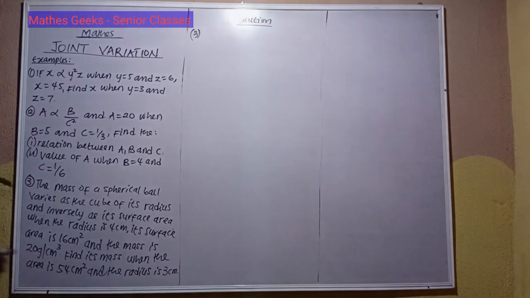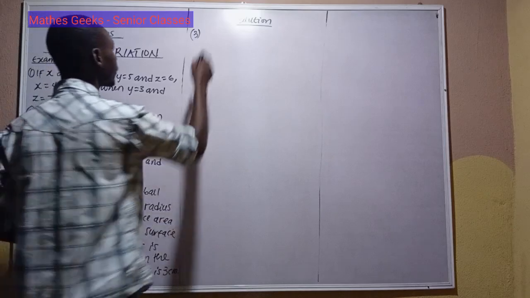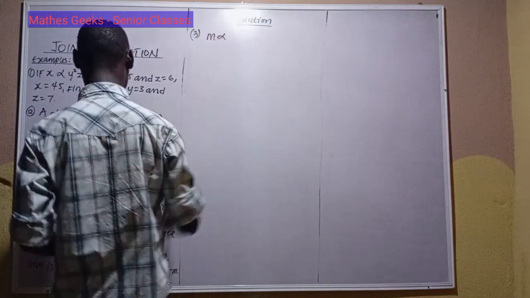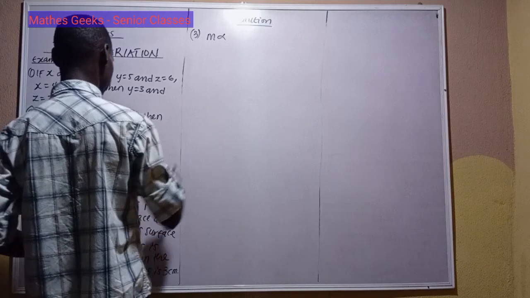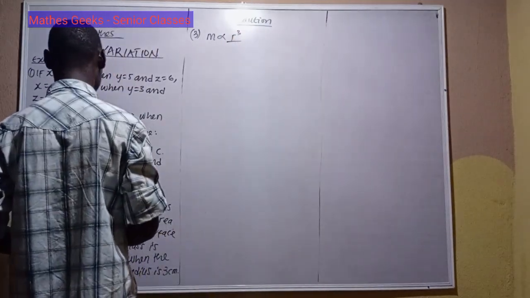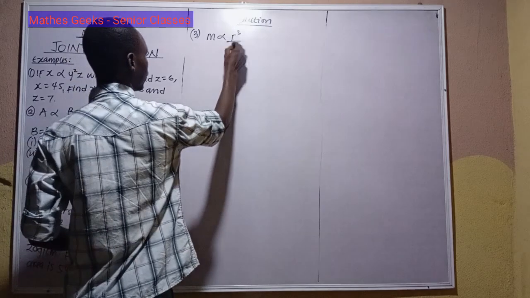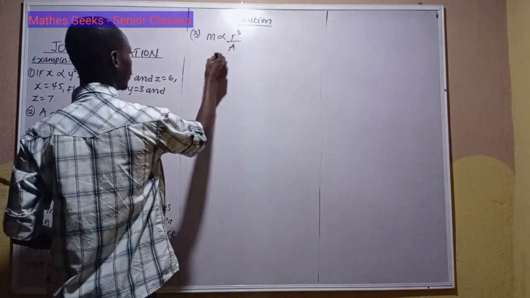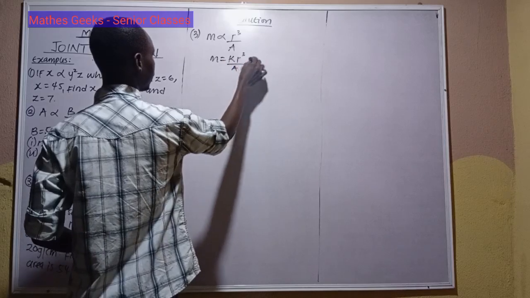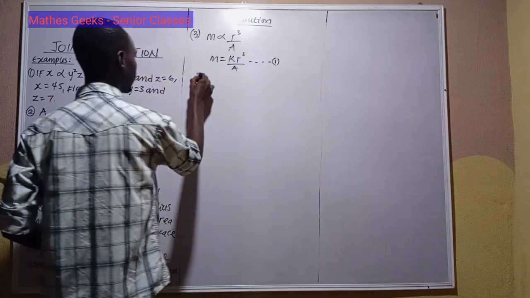The mass of a spherical ball varies as the cube of its radius and inversely as the surface area. M varies as the cube of its radius R, and inversely as the surface area A. So M is equal to Q times R cubed over A, equation 1.